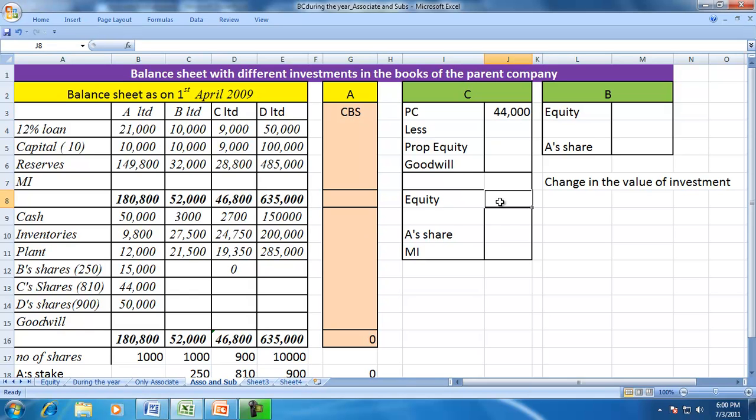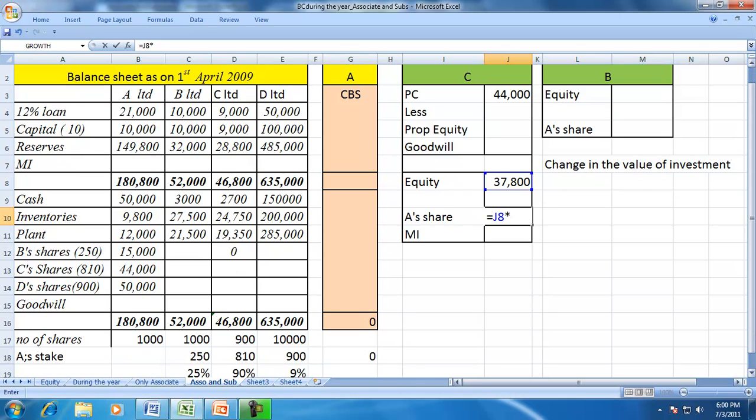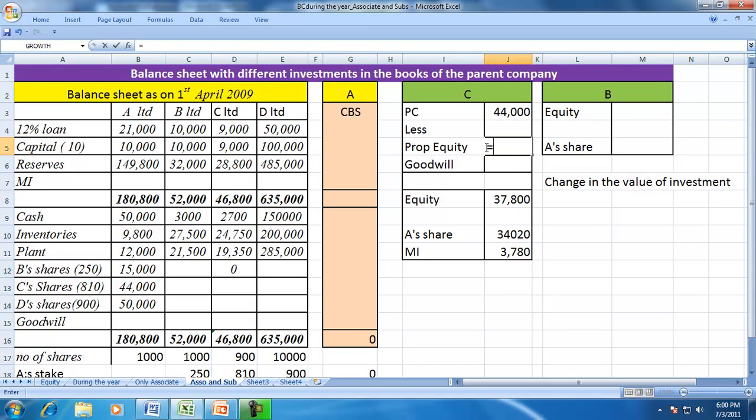For the equity of C, since the fair value or any other information is not given, we assume that the fair value is the value given in the books, so 37,000, and A's share is 90% of that. The balance is the minority interest. So purchase consideration minus the proportionate equity is the goodwill. In this case, the goodwill is 9,900.